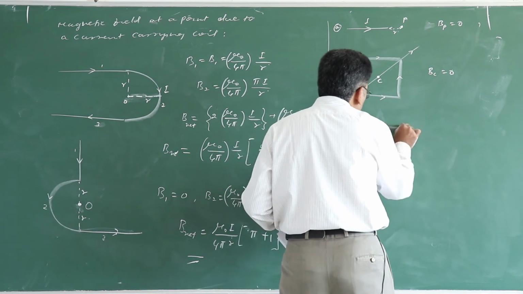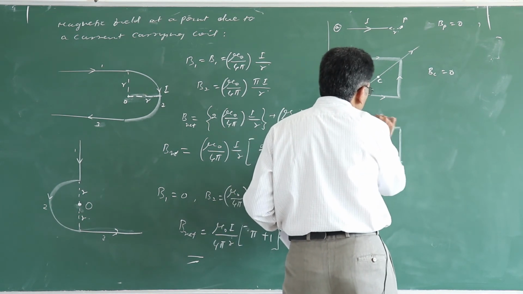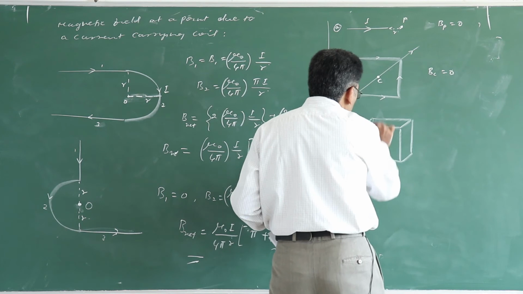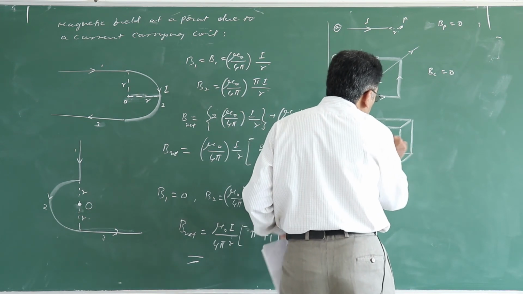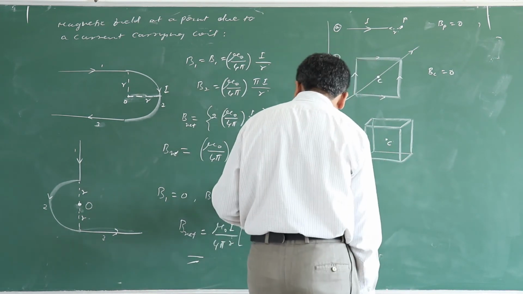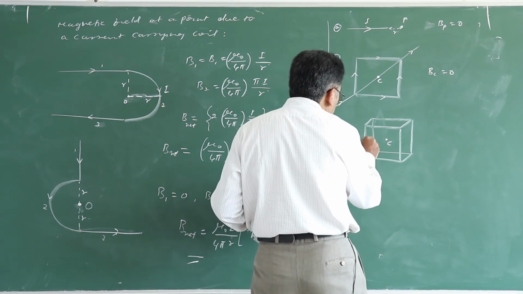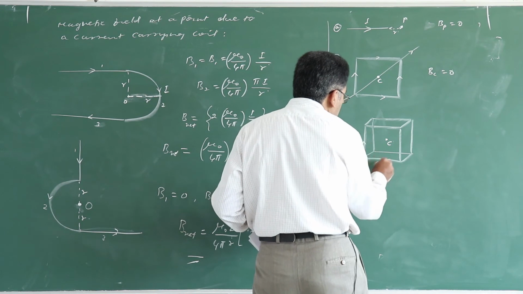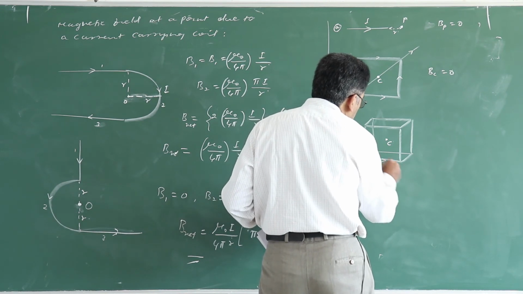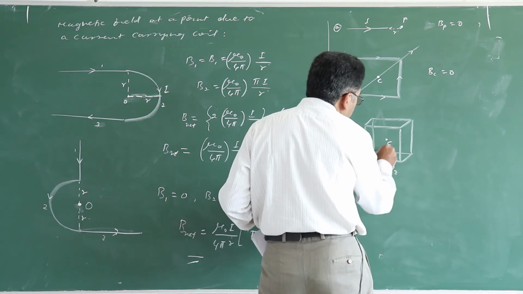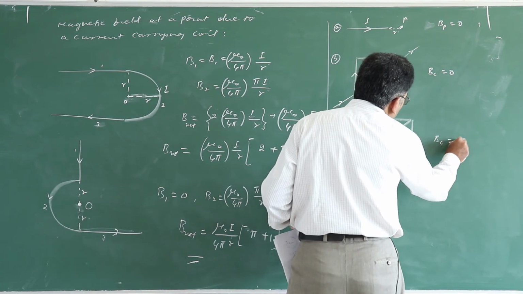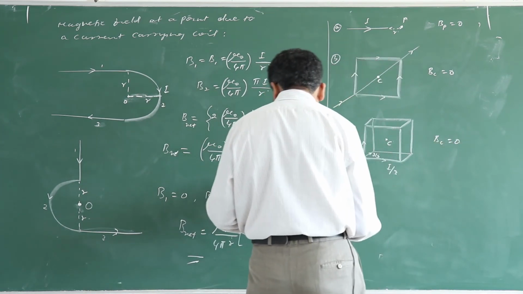If we have a cube, and C is the center, current I enters from one end. See, this is I by 3, I by 3, I by 3. Here also magnetic field at the center is 0.